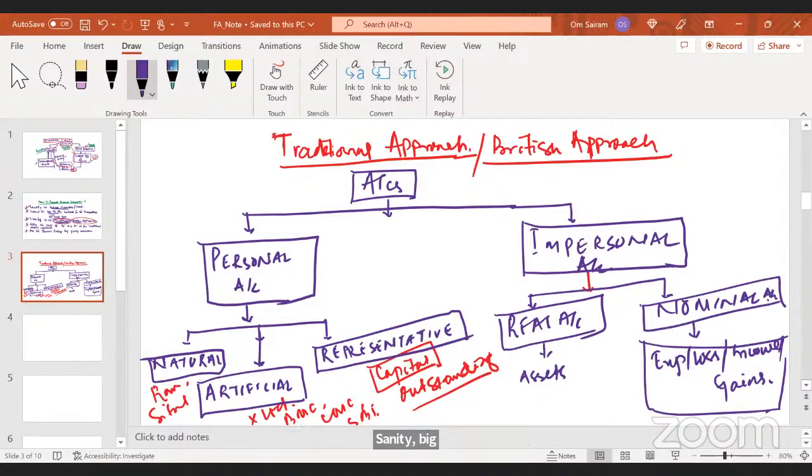These are the business expenses. What are the incomes? Rent received, interest received. These are the income or gains of the business. So all expenses, losses, incomes, gains come under nominal account. Is it clear? Did you understand?